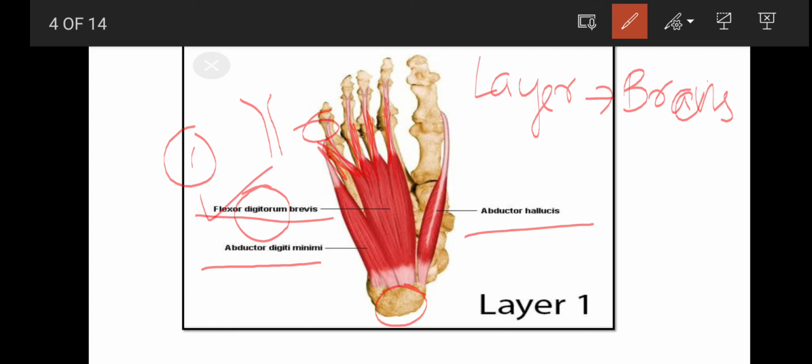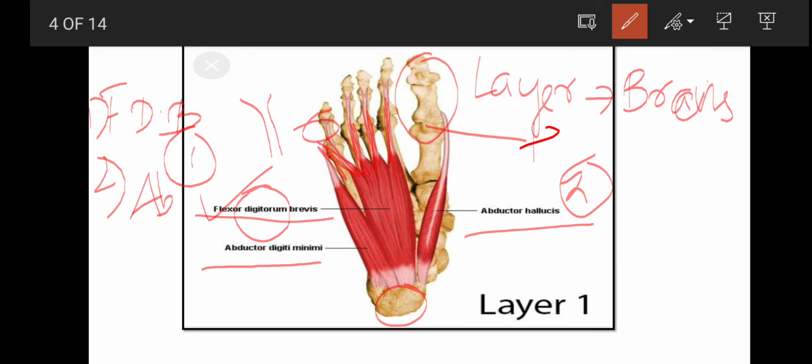The second muscles are abductors. So in the first layer, the first one you find is the flexor digitorum brevis, the brave muscle. The second ones are 2 abductors. The abductor which comes in the great toe, as we all know, is termed hallucis, and the one in the little toe is termed digiti minimi. Minimi refers to smaller, minimum. So the second muscle is abductor hallucis, the third muscle is abductor digiti minimi.